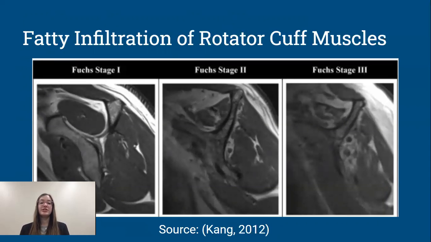Not only does the muscle shrink and change location during degeneration, but the muscle tissue that does remain often changes in its composition as excessive fat begins to deposit. And this is a process called fatty infiltration. As the muscles atrophy, they also undergo remodeling at both the muscle fiber and tissue level.